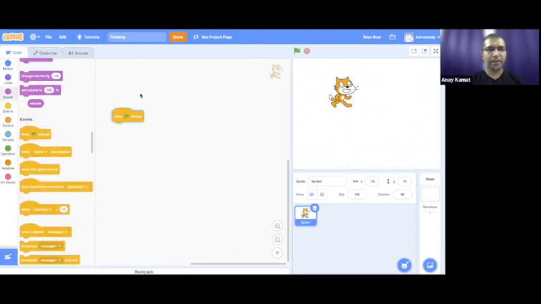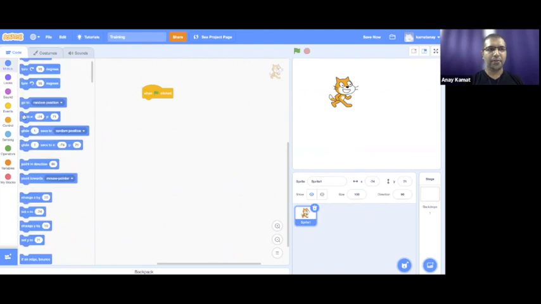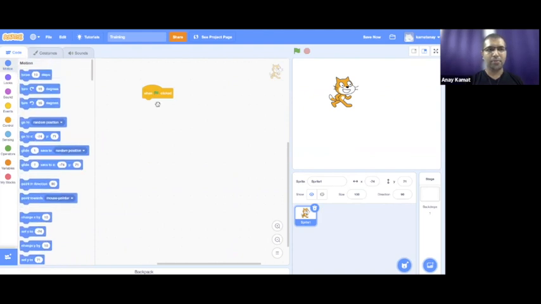that whenever we click the flag, we always want to start from the position 0, 0. Right, so 0, 0 is the center. As you can see, it moves to the center. So this is the center position for the sprite, and this is the center position for the entire stage.